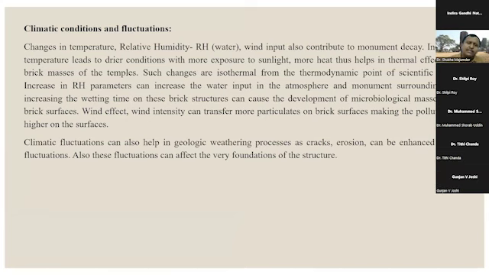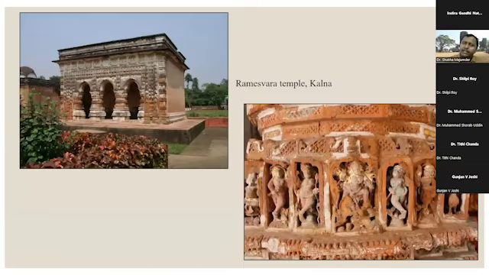So this needs to be monitored, and we need to create a micro environment in and around the temple, as I already talked about. But due to modern activity by different factors in and around the temple complex, we face a big problem.